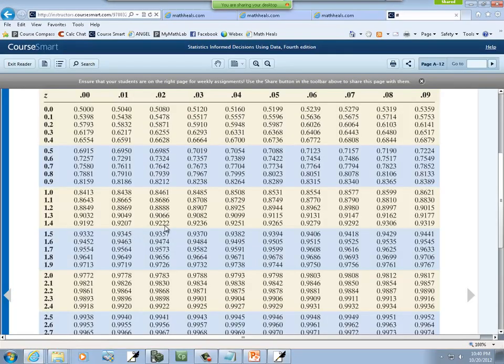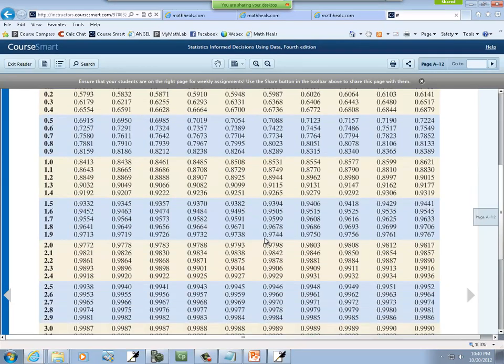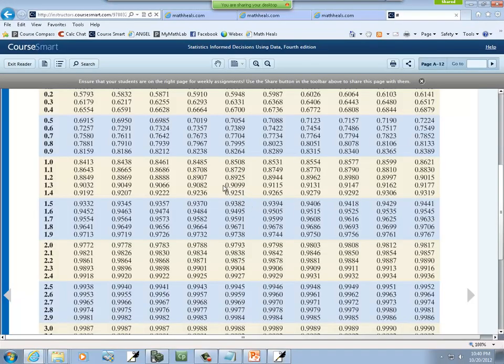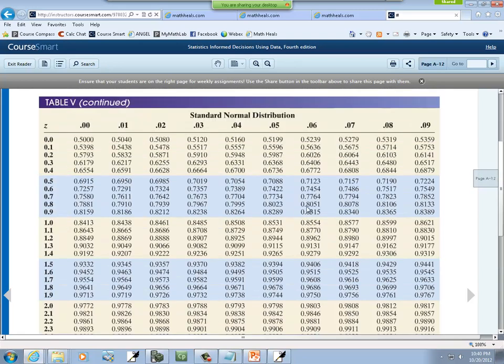I've done this so much with the calculator that I sometimes forget the by hand. 0.90. Here's 0.9015. Here's 0.8997. That's probably closest. 0.8997. I go over to here. That's 1.2, and I go up, and that's 8. So that's 1.28.